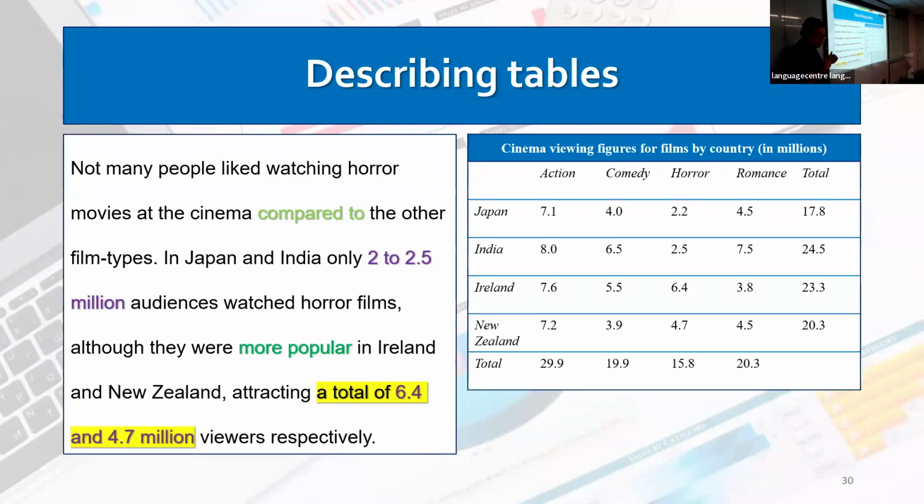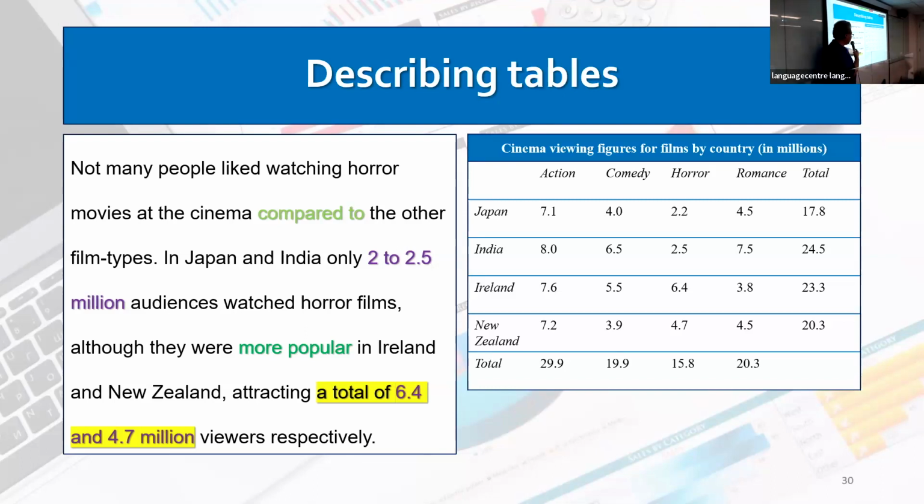Okay, here comes a sample paragraph. Again, just to remind you that we can use language of description or comparison, like more popular.